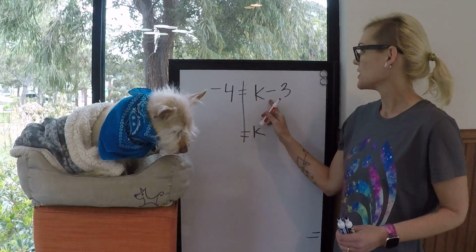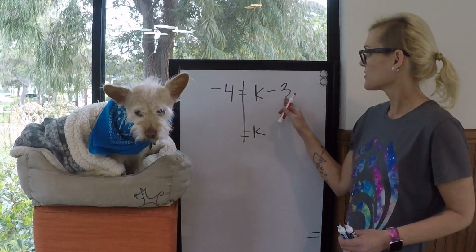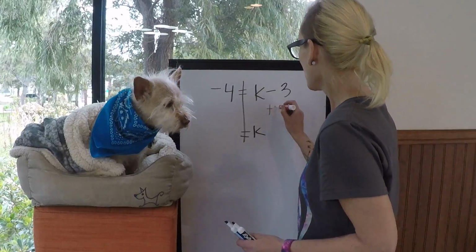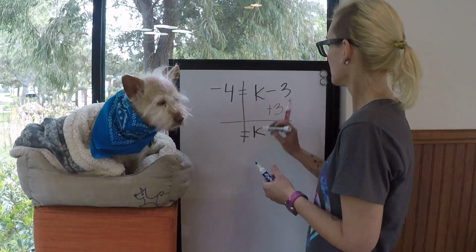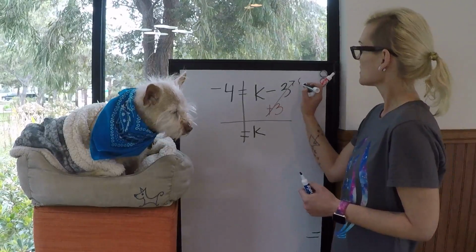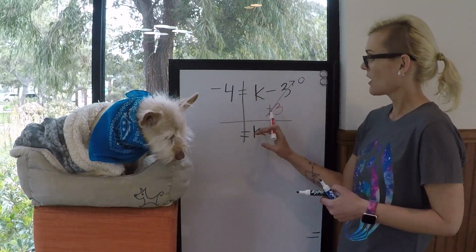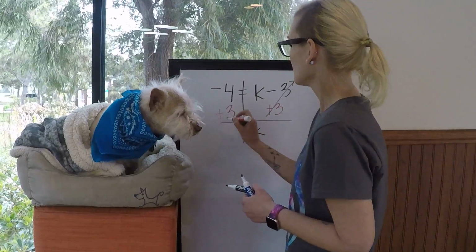This minus 3 is being subtracted. The opposite operation of subtracting 3 is to add 3. Whatever I do to one side, let's first cancel those actually. So negative 3 plus 3 is 0. Bring down the k. Whatever I do to one side, we've got to do to the other side.